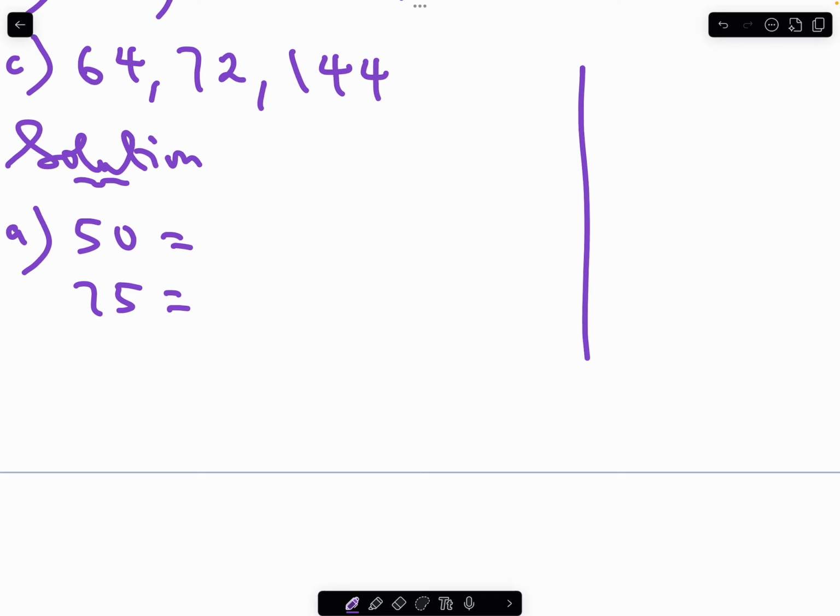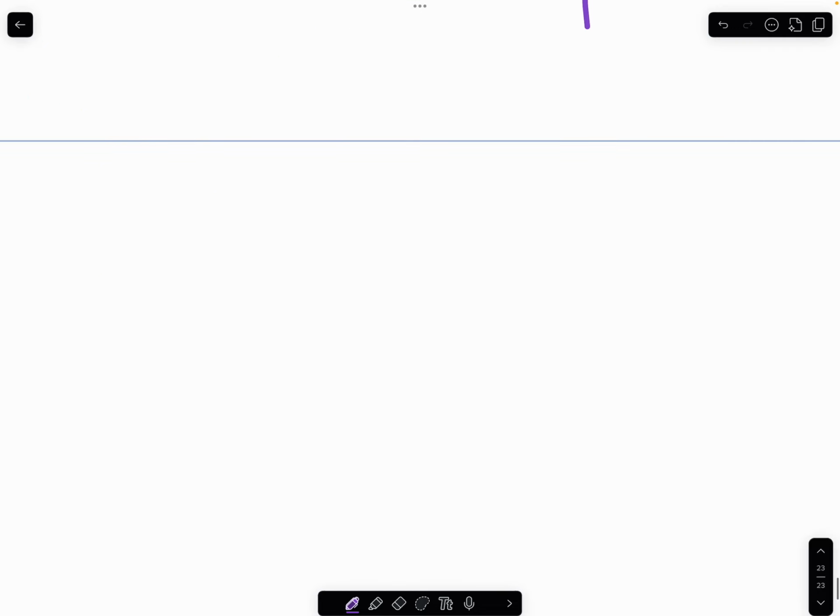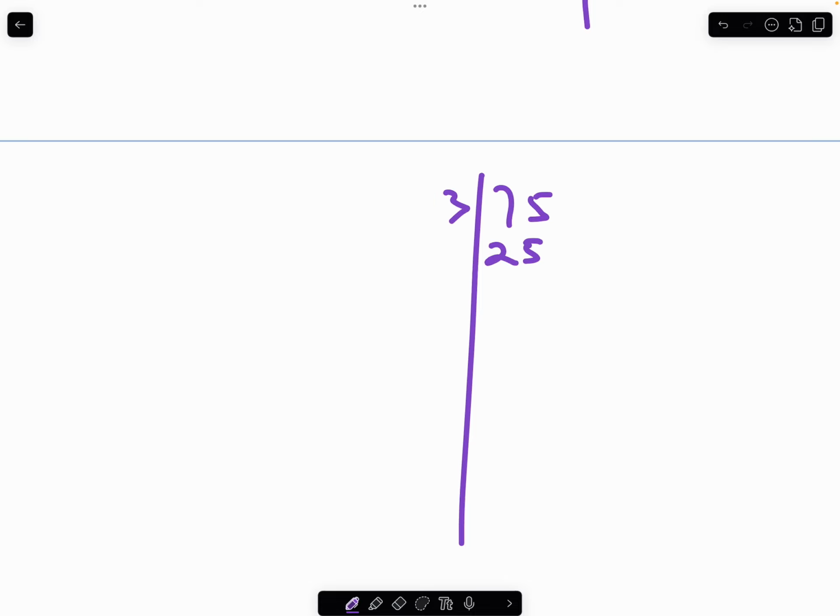A, 50 and 75. We're going to write each of them as a product of its prime. Let's say that 50 as a product of its prime will be 2 in 50 is 25. 2 will not go anymore, but 5 will go. 5 in 25 is 5. 5 in 5 is 1. So 50 is 2 times 5 times 5. 75. What's 75 as a product of its prime? 3 in 75, 25. 5 in 25, 5. 5 in 5, 1.